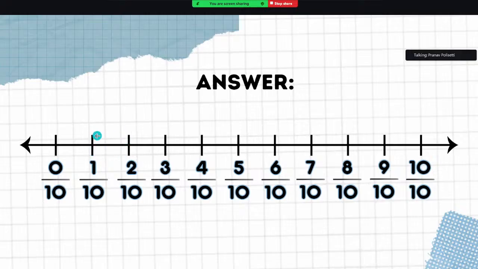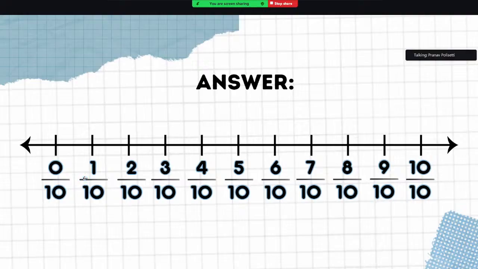So we have 2 boxes now. If we keep doing that, at the end we will have 10 total boxes. The total number of vertical lines will actually be 11 because you'll have one for 0 and one for the end, which is 1. So it'll be 11 total vertical lines, but there will be 10 boxes because you have 10 parts.